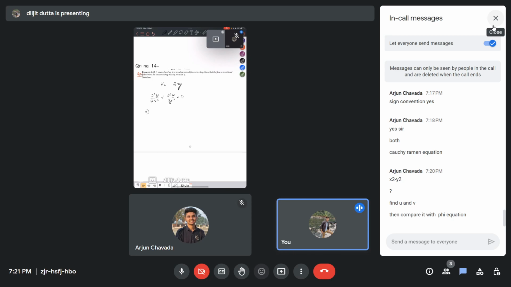Okay, so to get this, del psi by del x equals 2y, and del square psi by del x square equals 0. And del psi by del y equals 2x, del square psi by del y square equals 0.